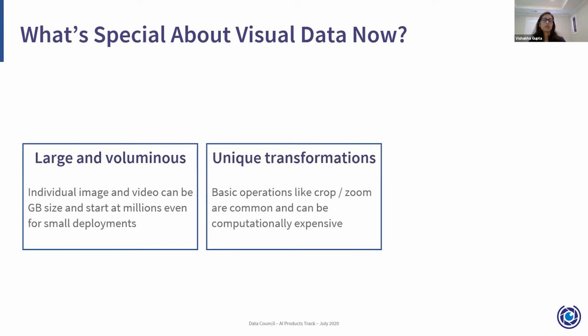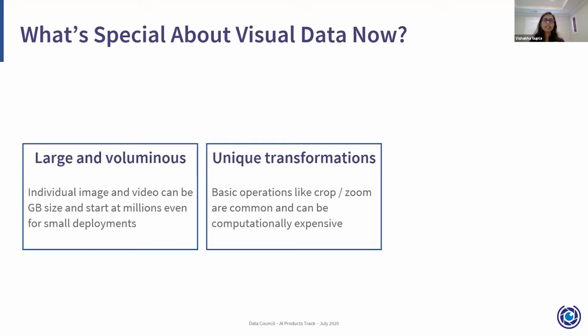Databases typically tend to support operations like sum, average, count, which kind of lose meaning in visual data. The equivalent common operations, for example, would be pre-processing tasks like resize, crop, rotate, things like that. And they can be performed on images, video frames, or videos themselves. As common as these are across multiple applications, they can also be quite computationally expensive.